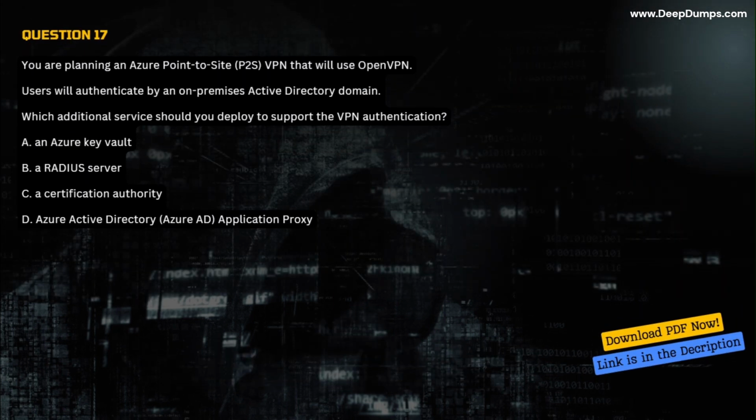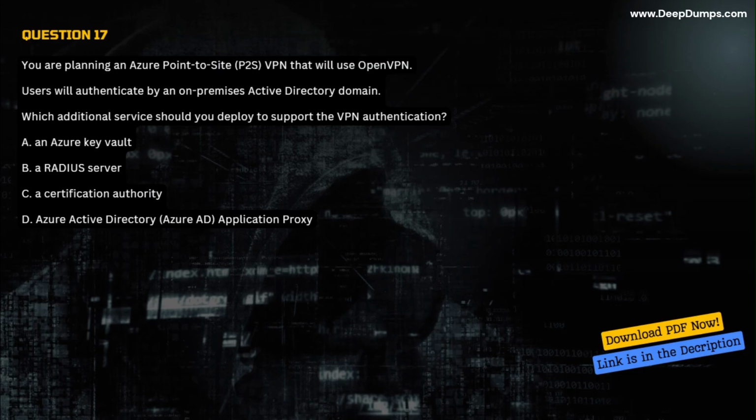Question 17. You are planning an Azure point-to-site P2S VPN that will use OpenVPN. Users will authenticate by an on-premises Active Directory domain. Which additional service should you deploy to support the VPN authentication? A. An Azure Key Vault. B. A Radius server.